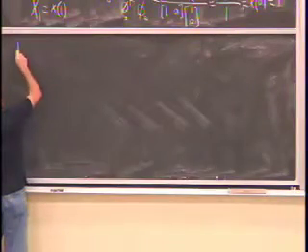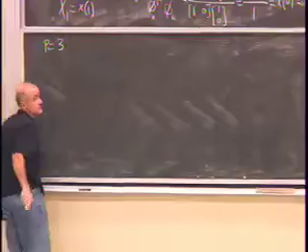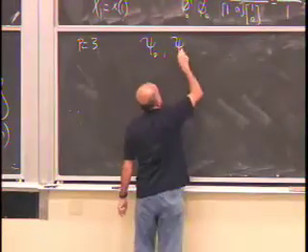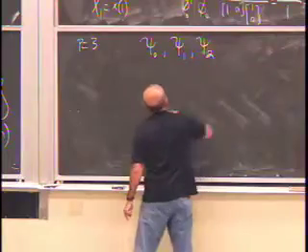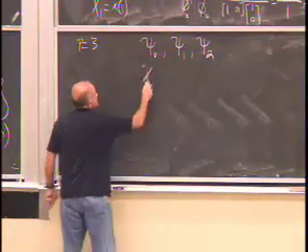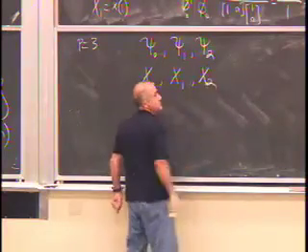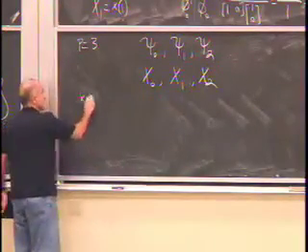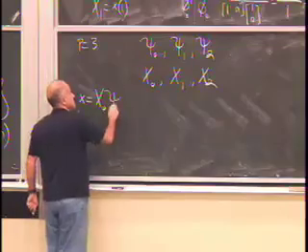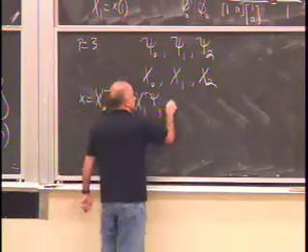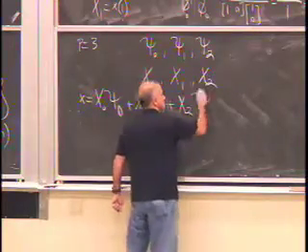Okay, so let's say, what about p equals 3? Then I need 3 such functions, c0, c1, c2. And I need 3 coefficients, x0, x1, x2. And I have to say x is equal to x0 c0 plus x1 c1 plus x2 c2.